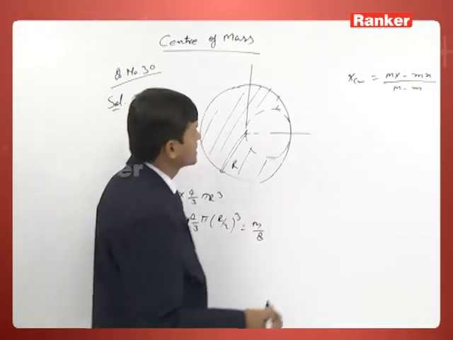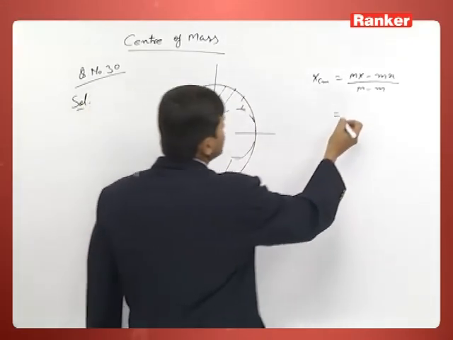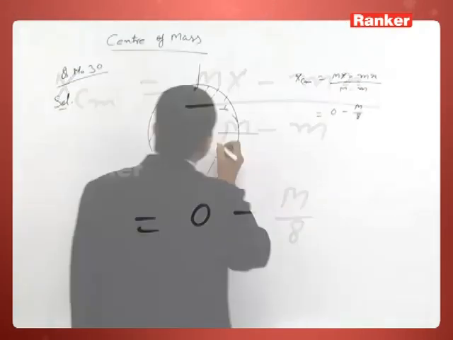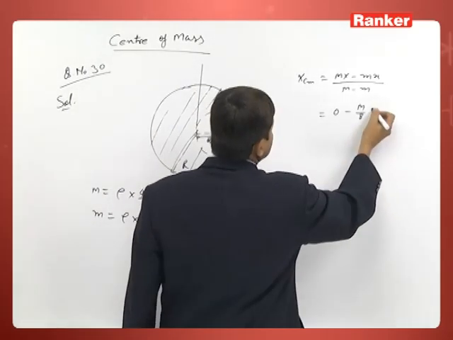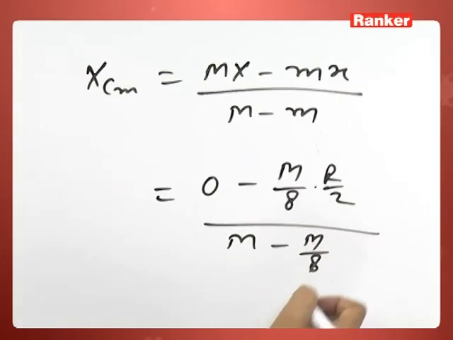Now Mx, this was at the original center, so 0, minus m, which is M by 8, into x, the distance here, r by 2, divided by M minus M by 8.